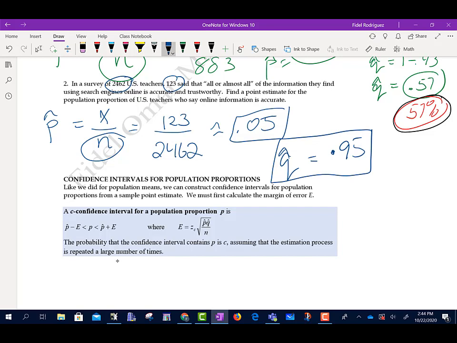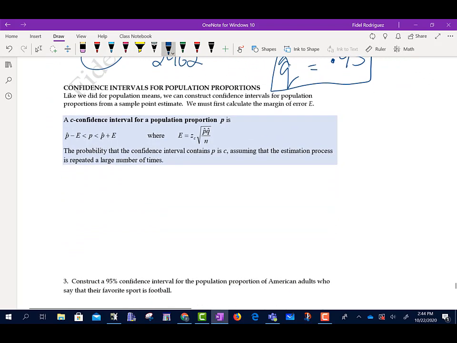Now we're going to talk a little bit about confidence intervals for population proportions. Like we did for population means, we can construct a confidence interval for population proportions from a sample point estimate. We must first calculate the margin of error, E. Remember how we were finding our confidence intervals?